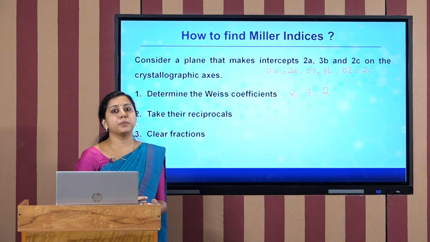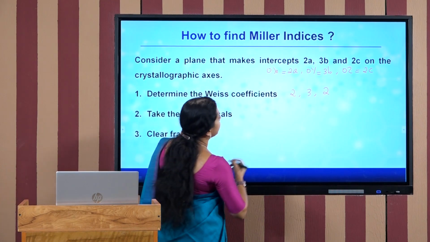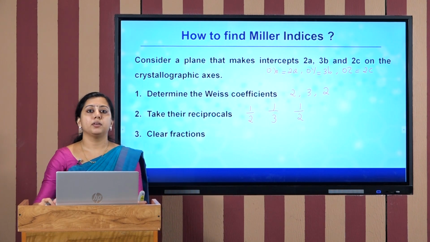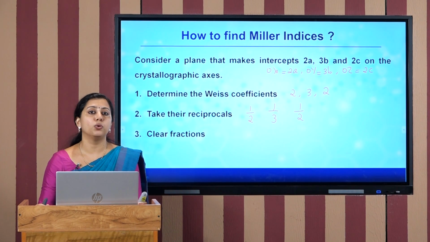Now, the second step is to take their reciprocals. So, if we take the reciprocals, we have 1 by 2, 1 by 3, again 1 by 2. And the last step, we have to clear the fractions or convert these fractions into whole numbers.